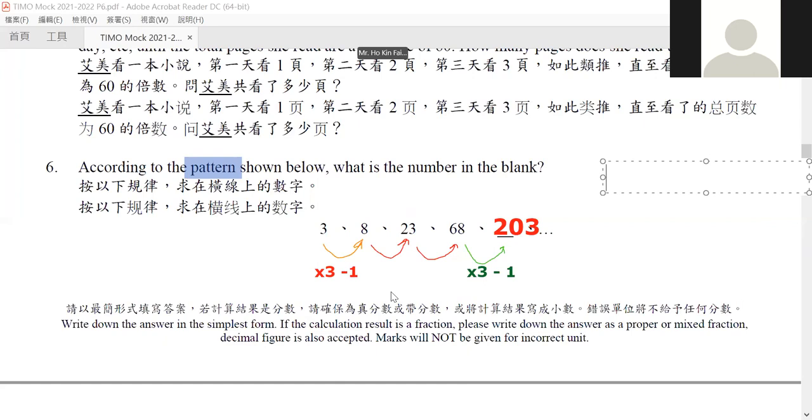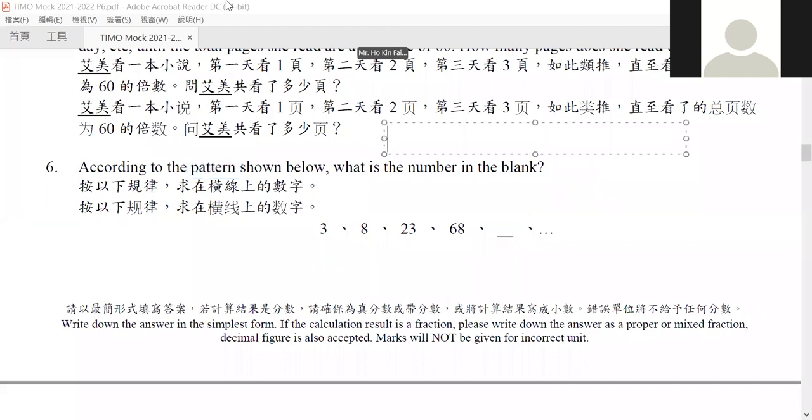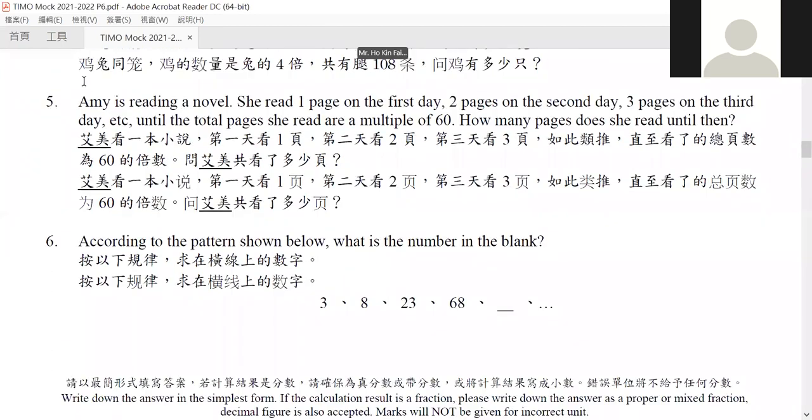Well, okay, so someone says that it can show your solution to question 5 really quickly. For question 5, you just write down the total pages, because what is the meaning of the total pages?